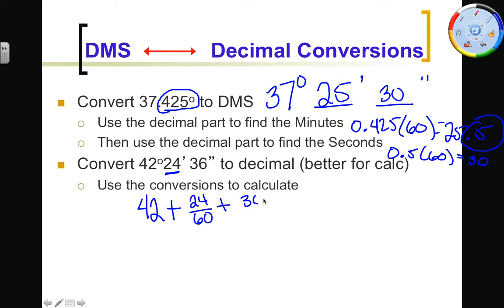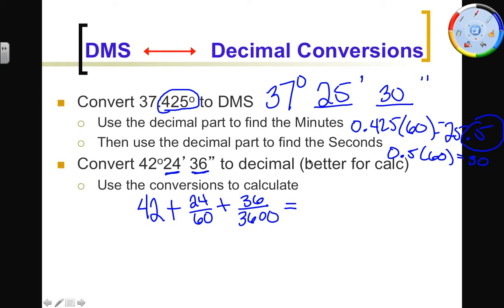Plus 36 over, now here's where you be careful. It's not over 60. It's over 3,600 because I want to go straight to degrees. I'm not changing the seconds into minutes. I'm changing the seconds into degrees, so I want 3,600.